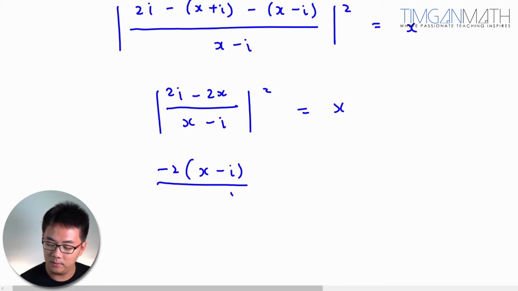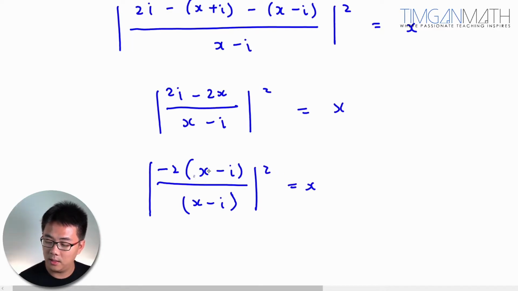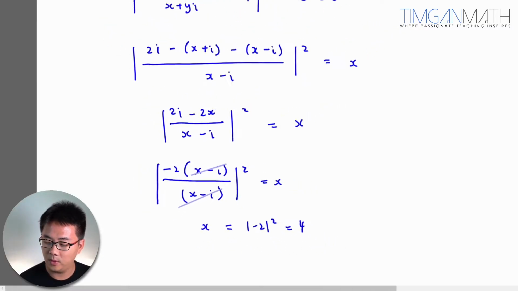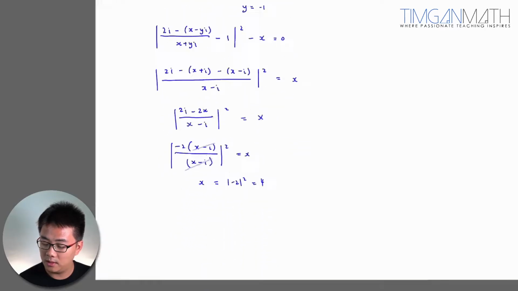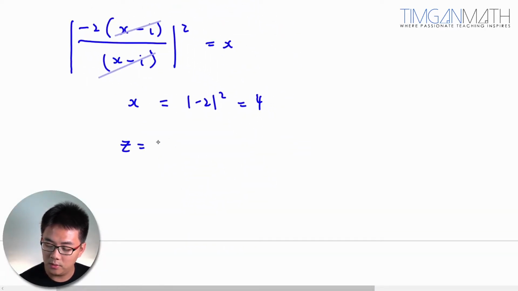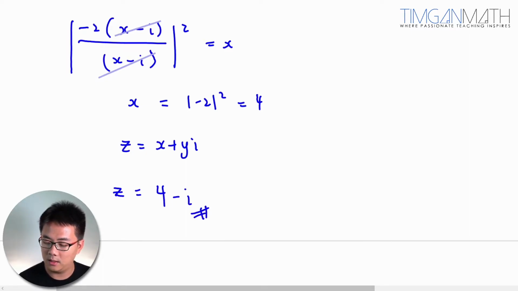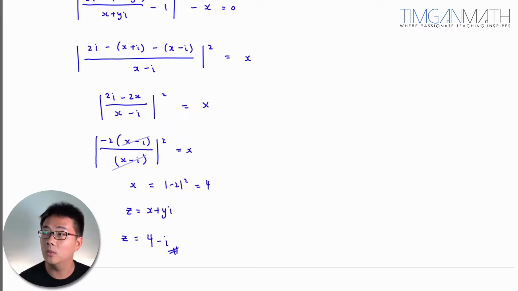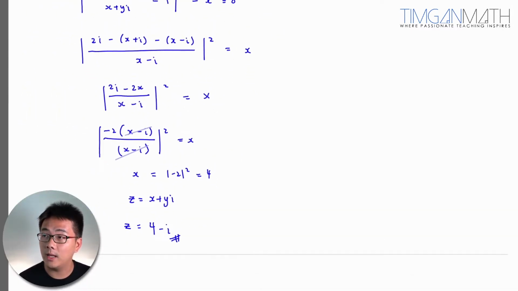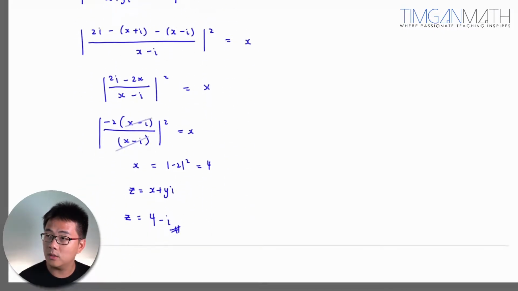Pretty convenient. So in this case, the modulus squared equals x. Cancel it out, and we're left with x equals the modulus of 2 squared, which is 4. So z equals x plus yi would just be z equals 4 minus i. That's the answer, I guess. All right, so that's how we solve the first part here.